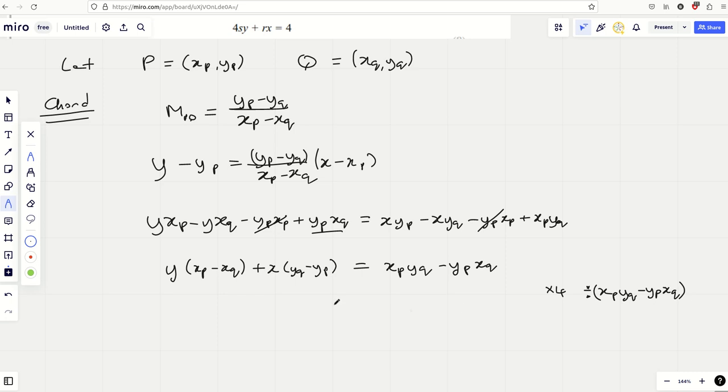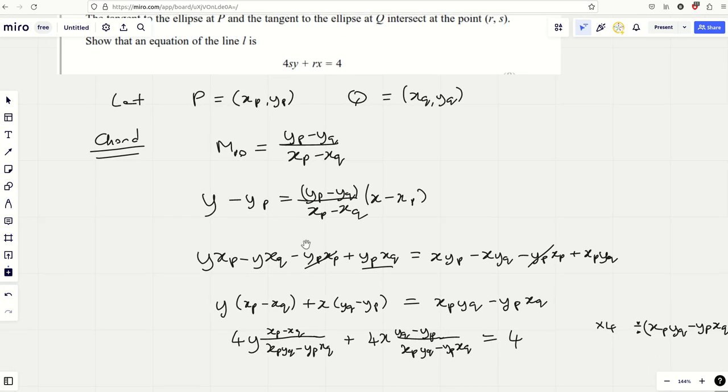And then that's going to give me 4y times xp minus xq over xpyq minus ypxq plus 4 times x times yq minus yp over xpyq minus ypxq, equals 4.